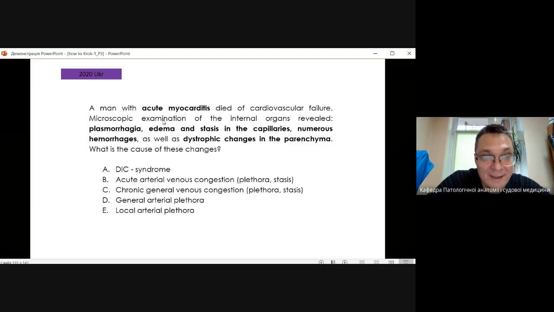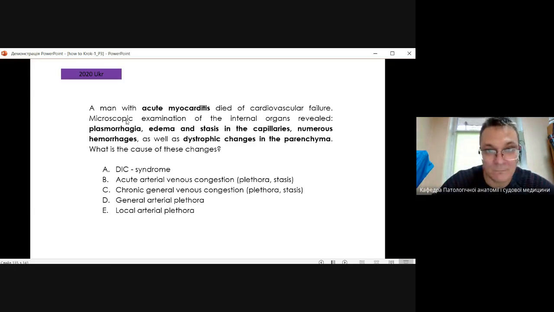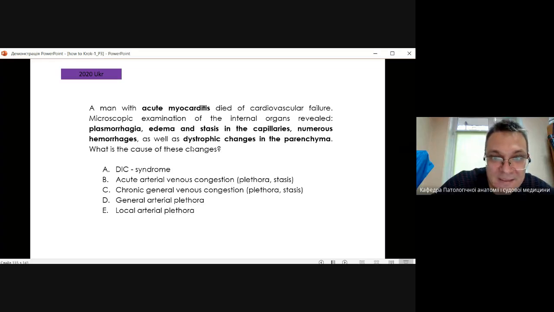Look, in case of DIC, we would rather see the presence of thrombosis, and finally the so-called coagulopathy of consumption. That's why we call it DIC, disseminated intravascular coagulation.